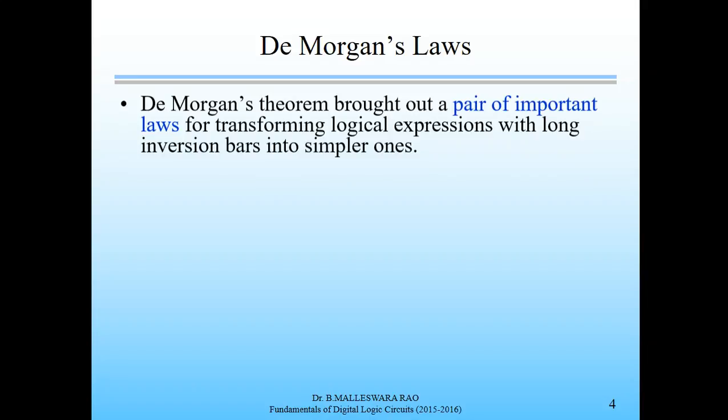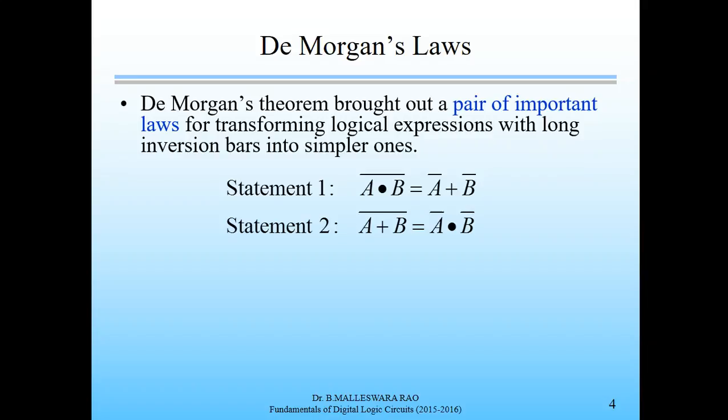The first DeMorgan's law is stated as: complement of A and B is equivalent to complement of A or complement of B. Similarly, the second DeMorgan's law is stated as: complement of A or B is equivalent to complement of A and complement of B. So, in this example, the long bar, or the complement of A and B, is broken at this point and the corresponding AND operation is replaced with its dual, that is, the OR operation.